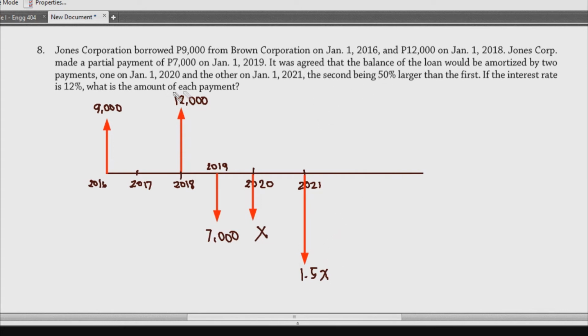Now, how do we solve this problem if we need to amortize this into two payments? Now, the way that we can solve for this is to bring this to your present or future, depende kung saan sa inyo mas comfortable. But in this case, I'll be transferring this to the future. Ang lahat is sa future natin dadalhin.